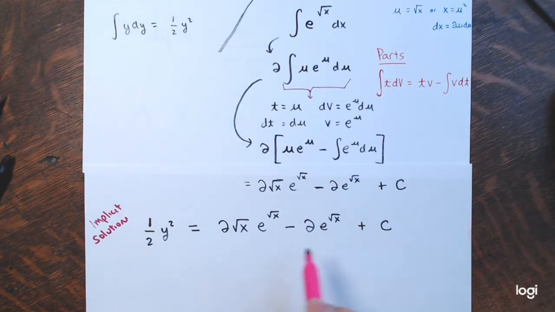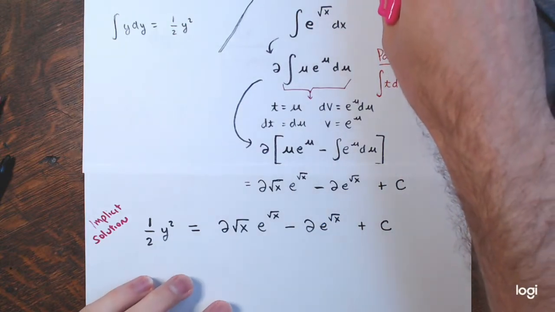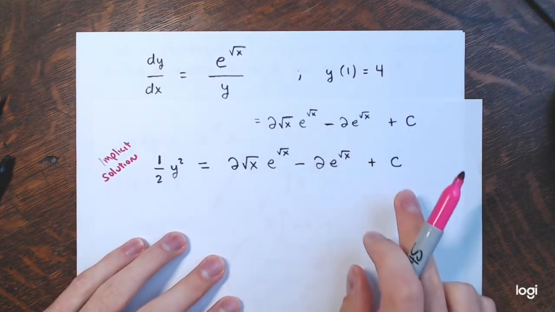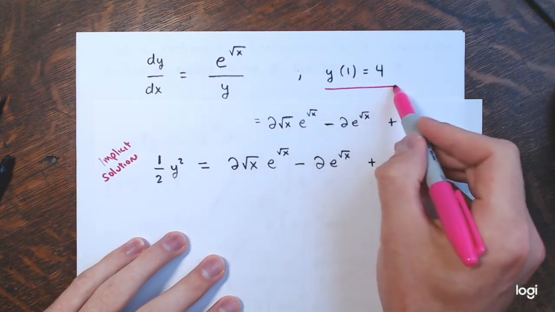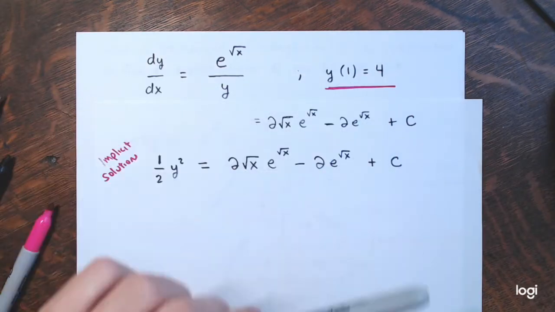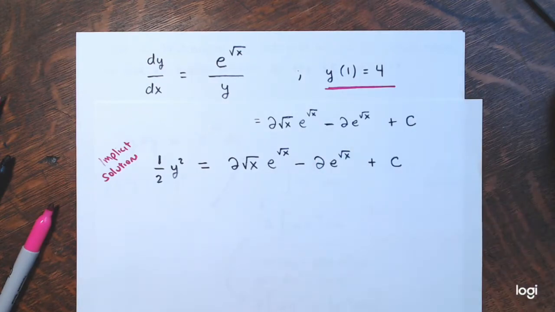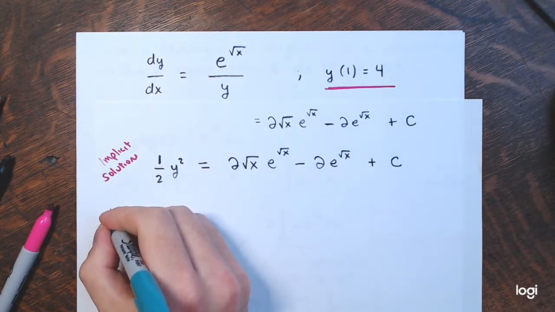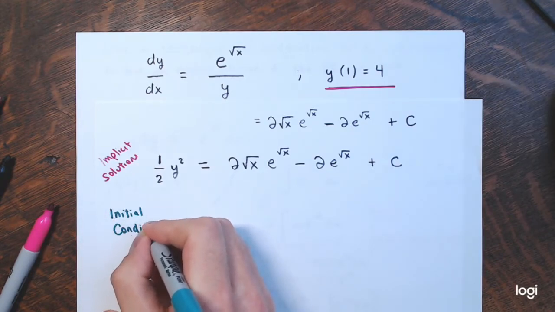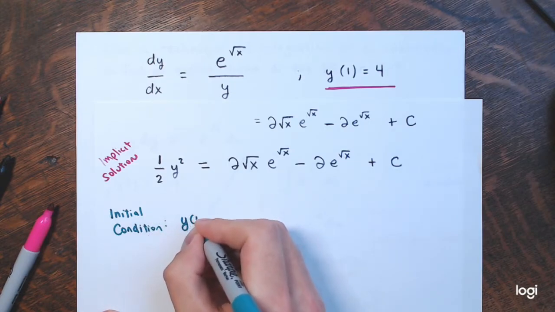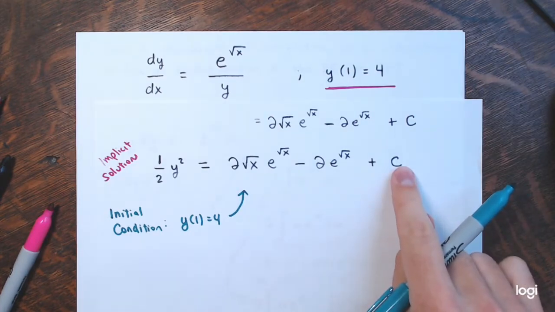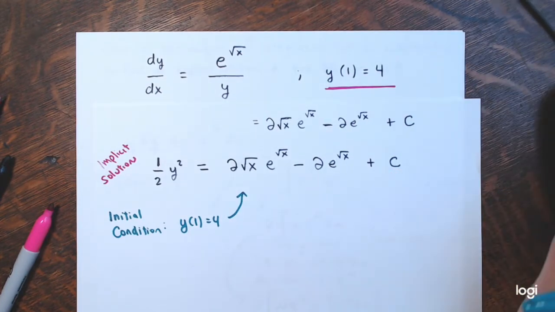But now I'm going to use this line to find our constant, using the initial condition. Going back to the beginning, we saw that the value of y when x equals 1 needs to be 4. So the initial condition is y of 1 equals 4. Let's put that into this equation here, and we'll be able to find our value of c. So y needs to be 4.